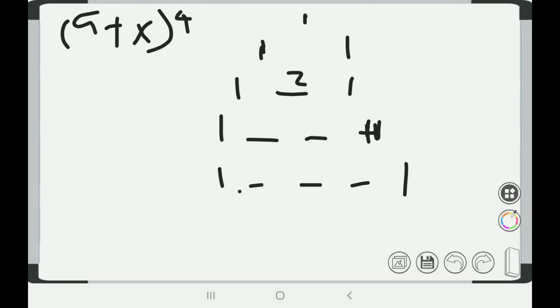So this was 2, and then this was 3, this was 4, 6, 4. So this is the last coefficient, and I said the last one here should be 1.